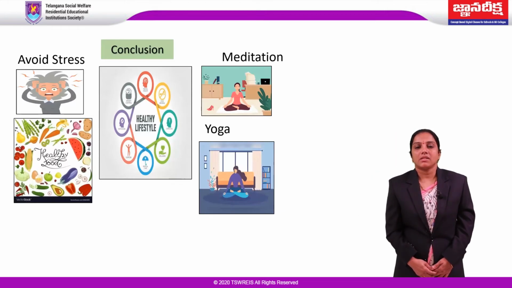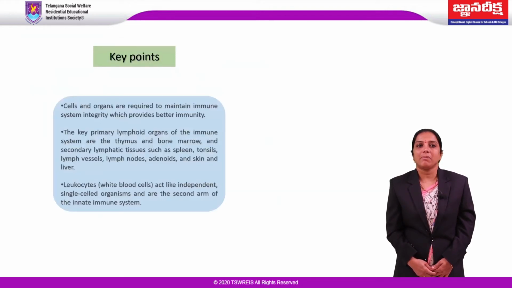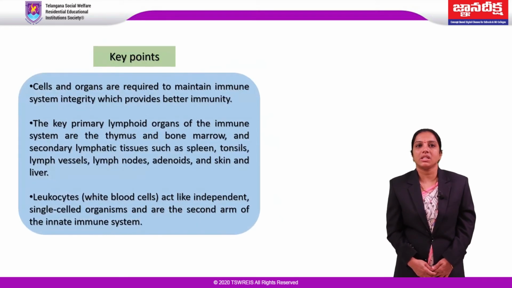So we summarize the cells and organs of the immune system. We have seen immunity is mainly provided by the organization of these different types of cells like leukocytes or WBCs, such as neutrophils, monocytes, macrophages, basophils, eosinophils, and lymphocytes like B cells, T cells and natural killer cells.